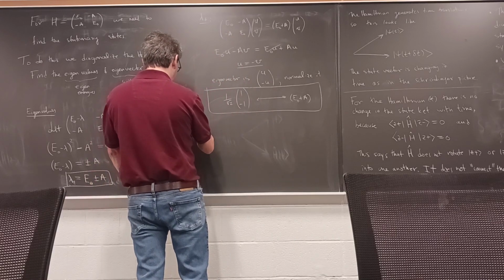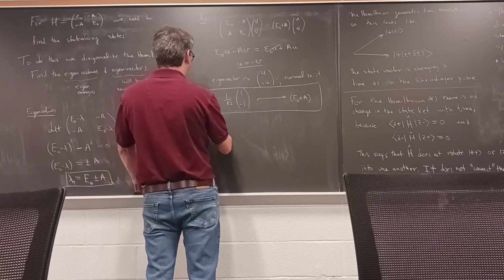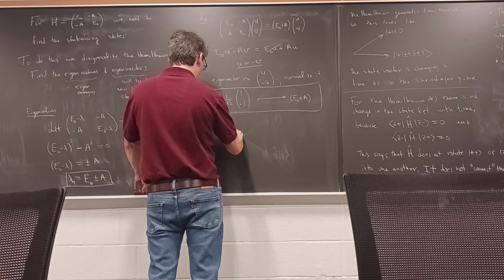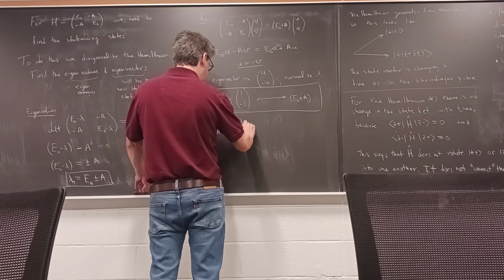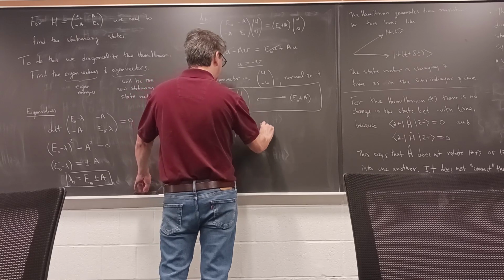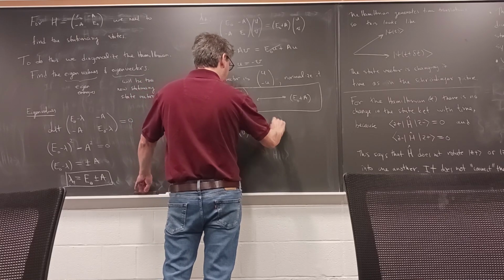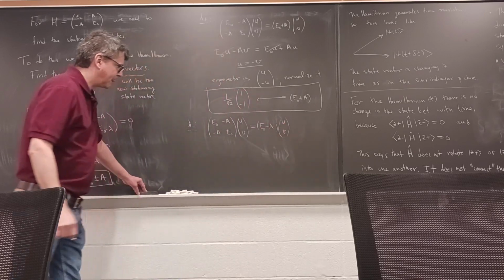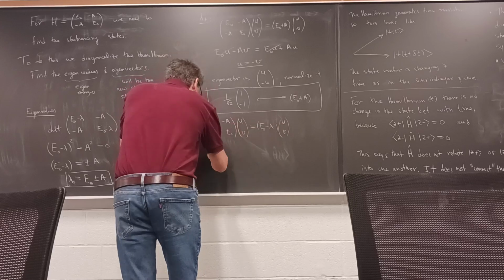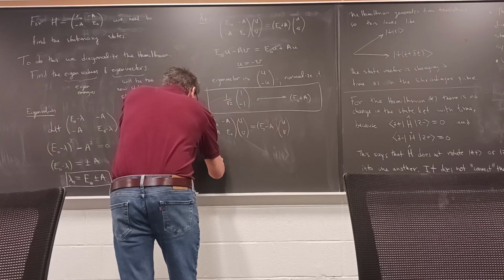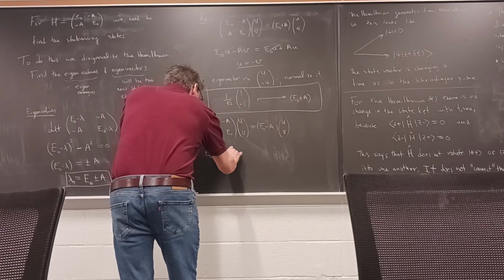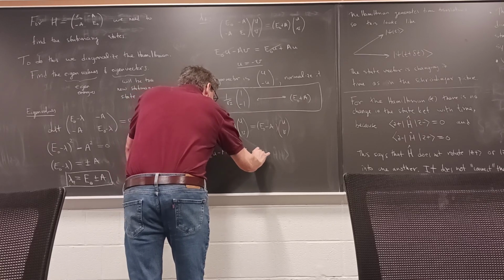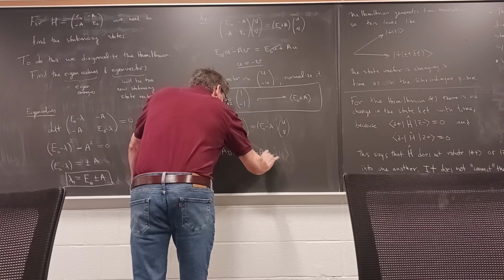And then for lambda minus, we'll have E0 minus A. So we're just working out the top line here. We have E0u minus Av is equal to E0u minus Au.